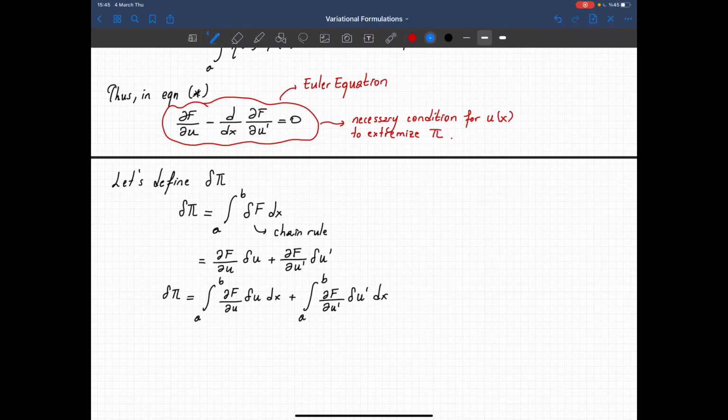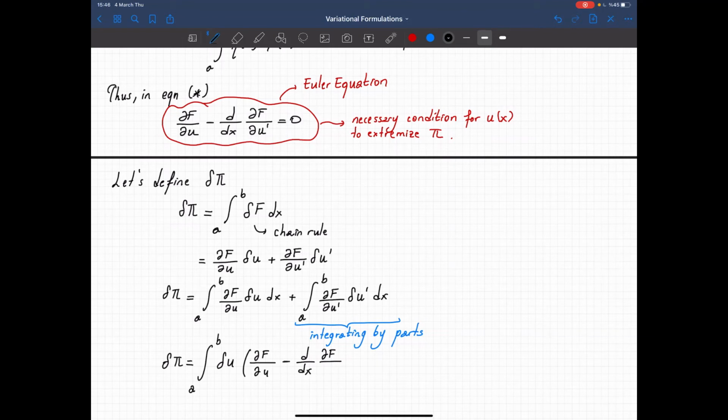So if I integrate that by parts, I'll obtain the integral from A to B of variation in U times del F over del U minus d over dx del F over del U prime, dx.